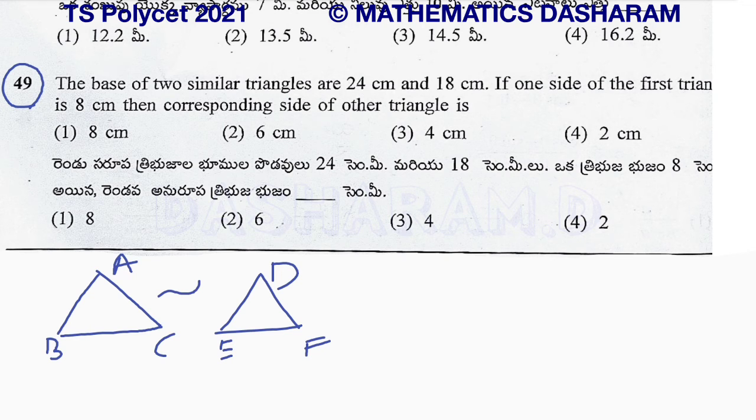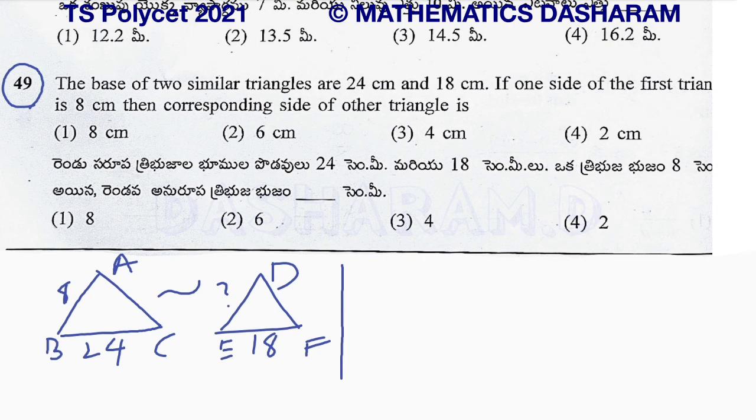He said both are similar triangles and he gave the bases here BC 24, EF 18 and one side of the first triangle 8. One side, and base is already used, so let's take AB. Then corresponding side of other, since he said corresponding, what is the DE value.